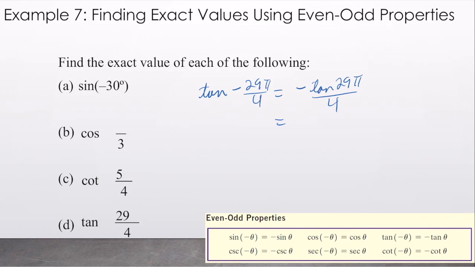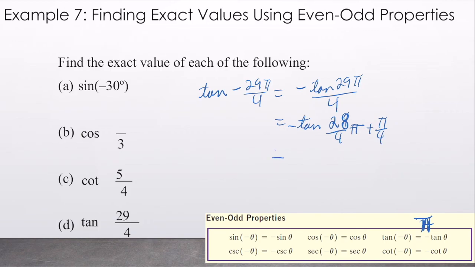That's going to be 7. Tan has a period of pi, so let's take out 28 pi, plus pi over 4.